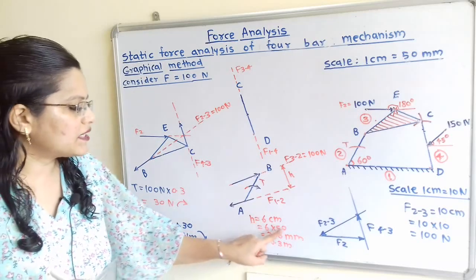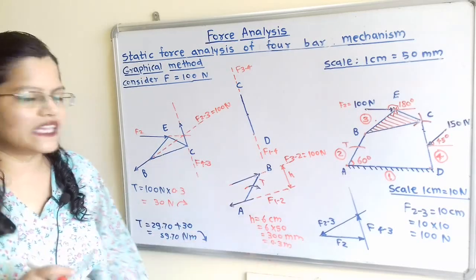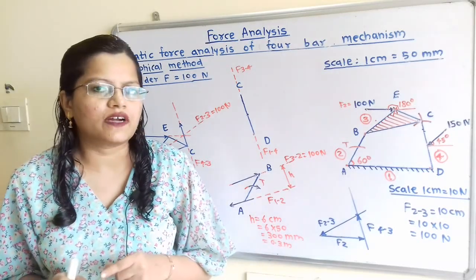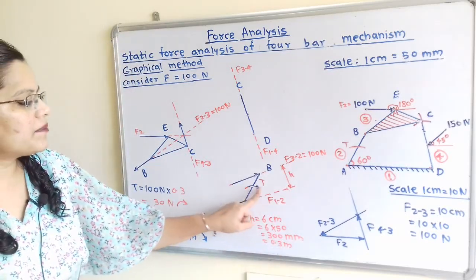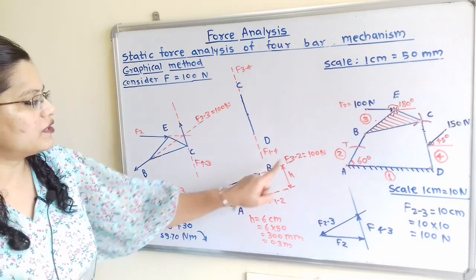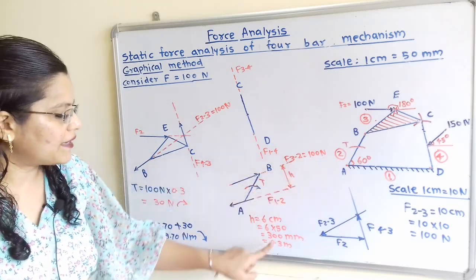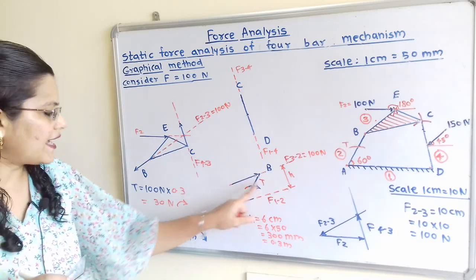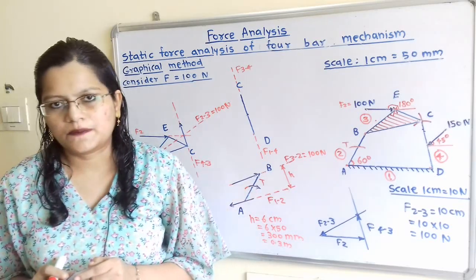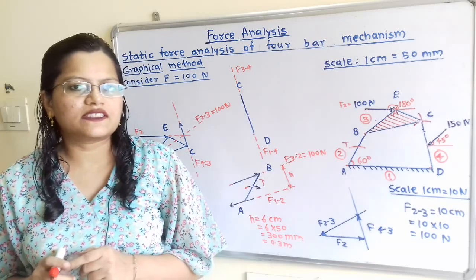So 6 multiplied by 50 is equal to 300 millimeter, and we will convert it into meter, that is 0.3 meter. So torque is equal to 100 multiplied by 0.3, which is equal to 30 Newton meter, and the direction is clockwise.